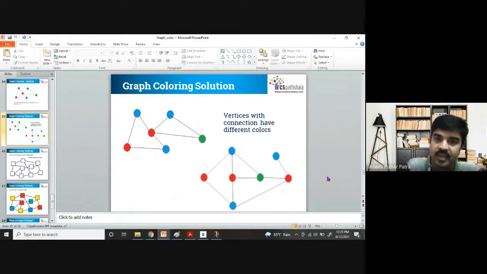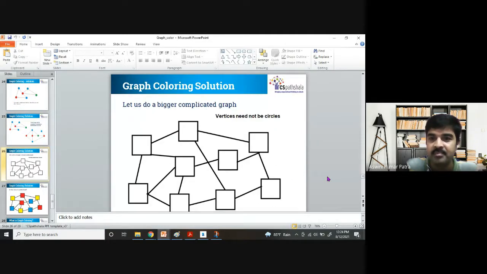So vertices with a connection have different colors. In other words, two neighbor nodes cannot have the same color. That's what my map is all about. Two neighboring regions cannot have the same color. So your map could be represented as a graph, and you can solve the problem.